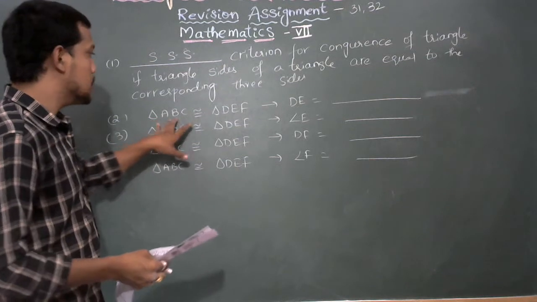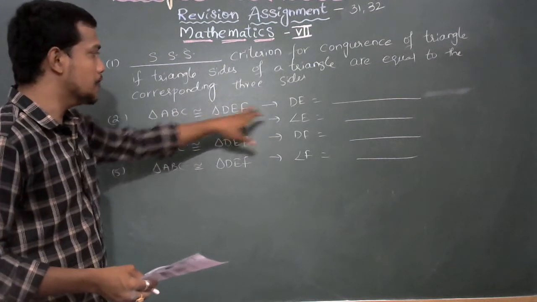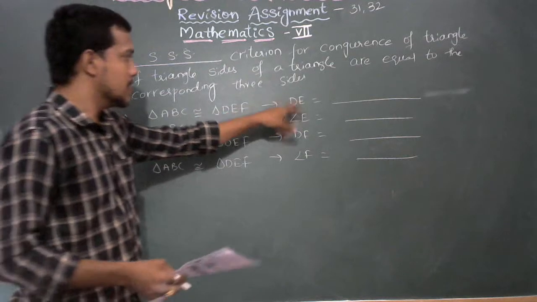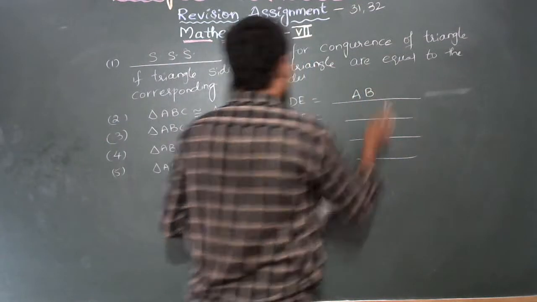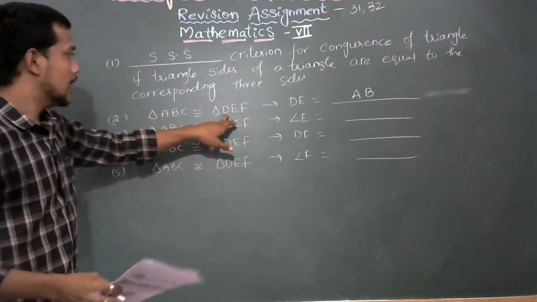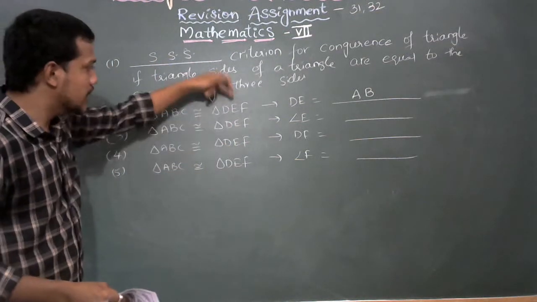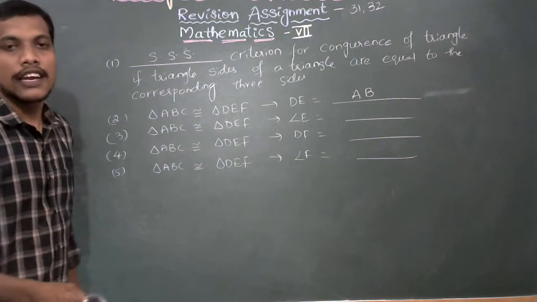For triangle ABC congruent to triangle DEF, DE is equal to AB. So in triangle DEF, the side DE must be equal to the side AB in triangle ABC.